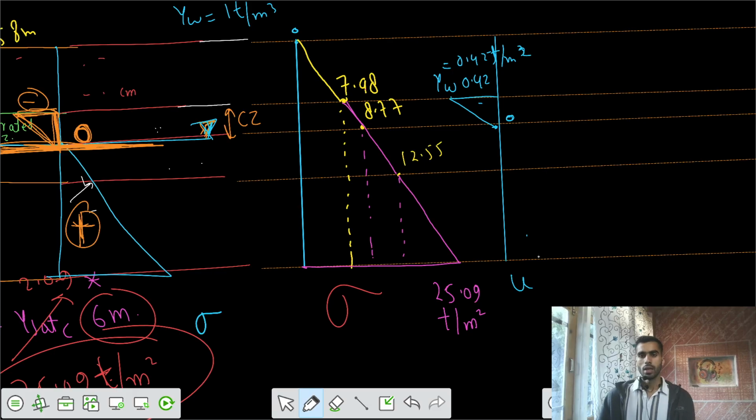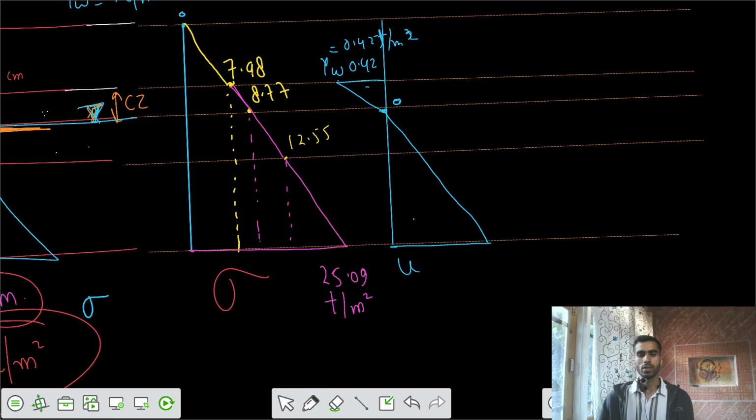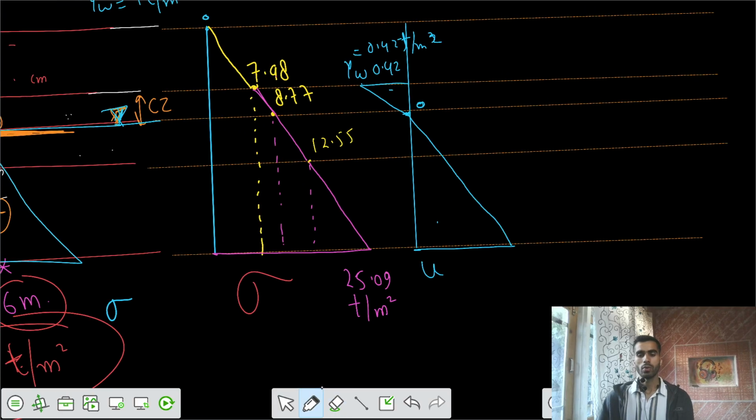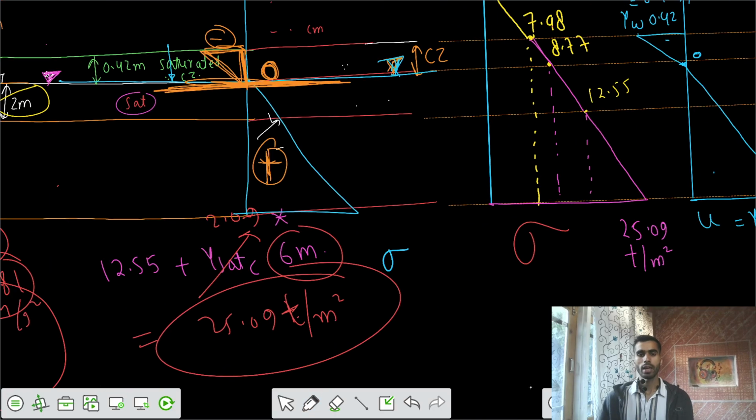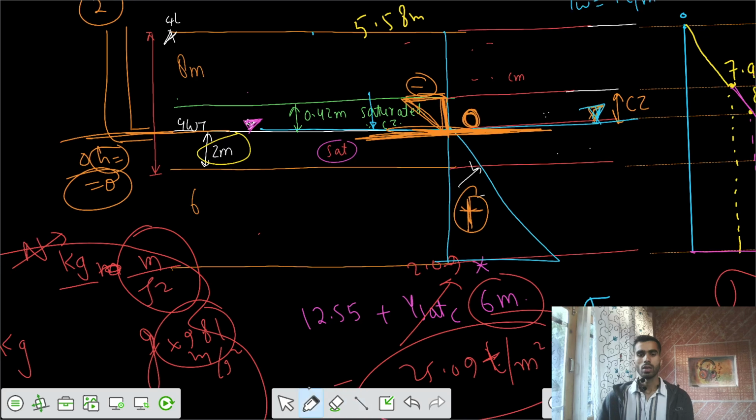Okay. After that, there is zero at the groundwater table. After that, it would increase as a function of height or elevation. Finally, it would be gamma w into height h, where the total height is 6 meters and the groundwater table is at 2 meters from here.